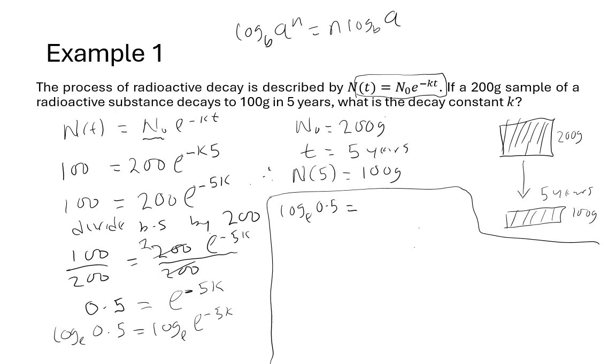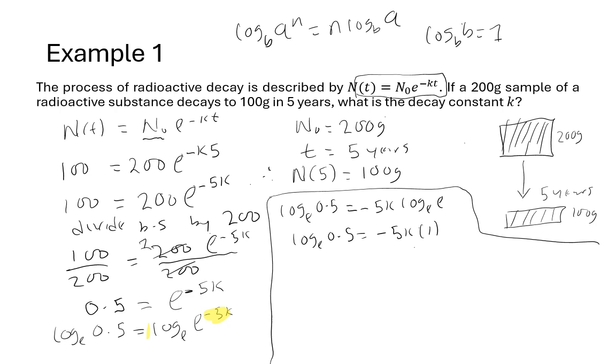So here, instead of this, I can just take the minus 5k back here. So then I will have minus 5k log e of e, and I can just write log e 0.5 is equal to minus 5k. And remember, whenever you have log of a base of itself, that is always equal to 1, so this is just equal to times 1.